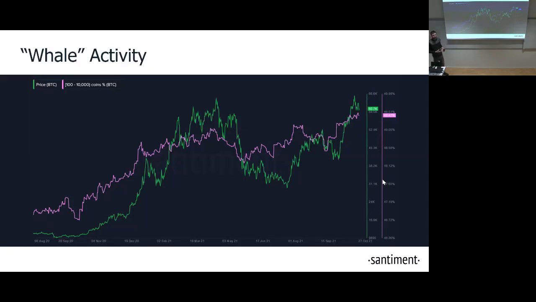So if you are just accounting for all addresses, there is a possibility that you are also taking into account Binance wallets, Kraken wallets, Coinbase wallets. And if you're seeing an accumulation in those wallets, it's a very different context than if you're seeing an accumulation in whale addresses, right? If I or somebody as an individual large address accumulates a bunch of Bitcoin, that's a potential bullish signal.